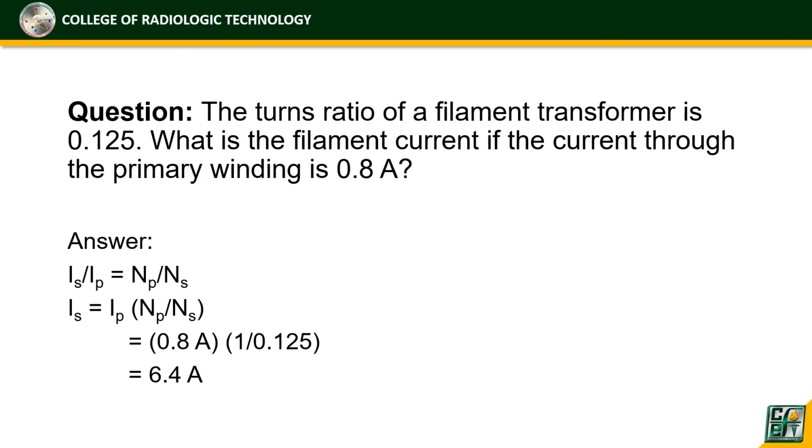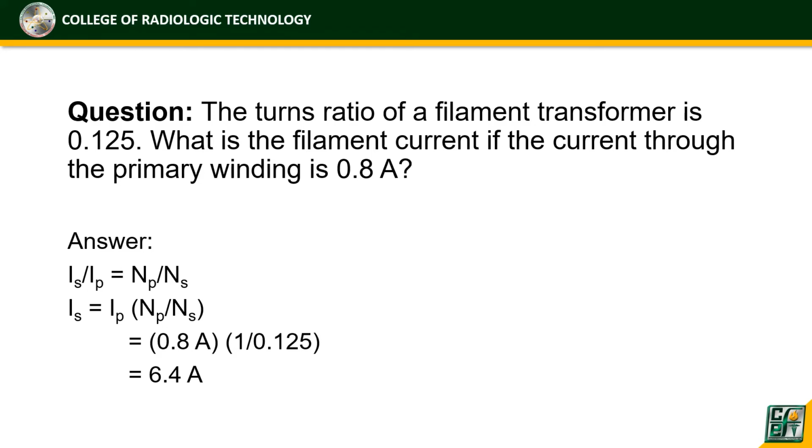And then we have the primary current. So the missing one is the secondary current. So the formula will be IS equals IP times NP divided by NS.